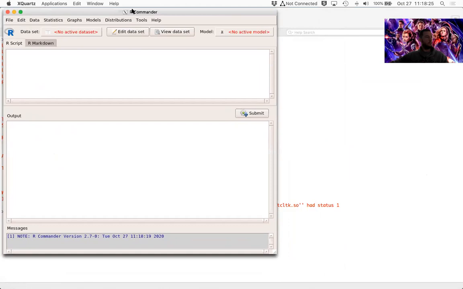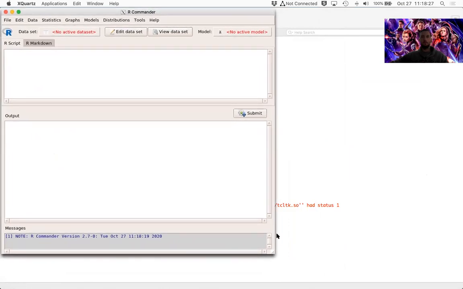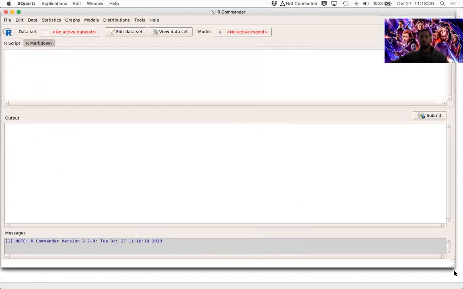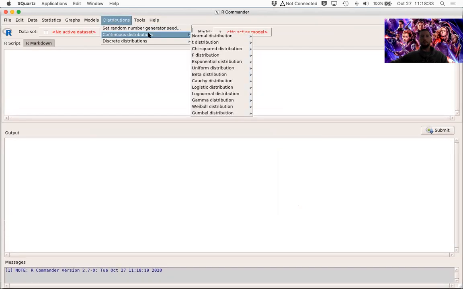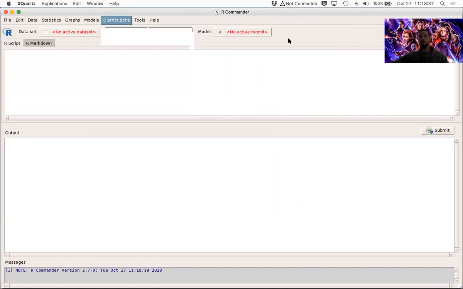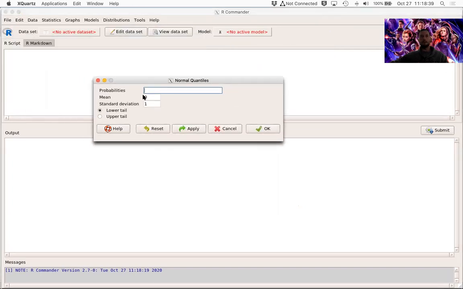So now we will go distributions, continuous, normal. We want a quantile in this case. So normal quantiles. So we have mean 0, standard deviation 1, and we have 0.05 in the upper tail.